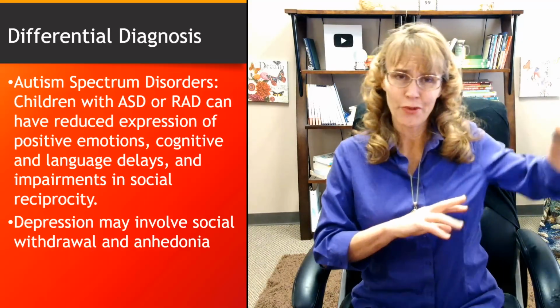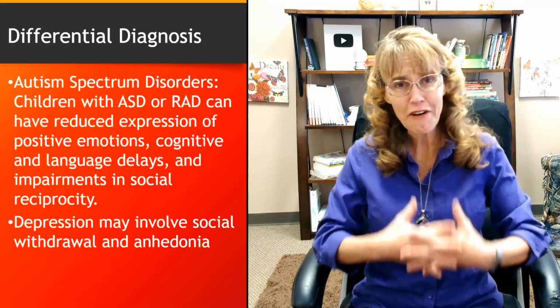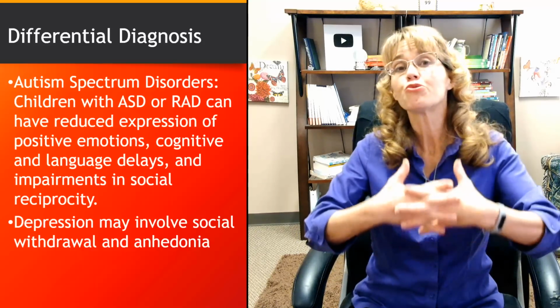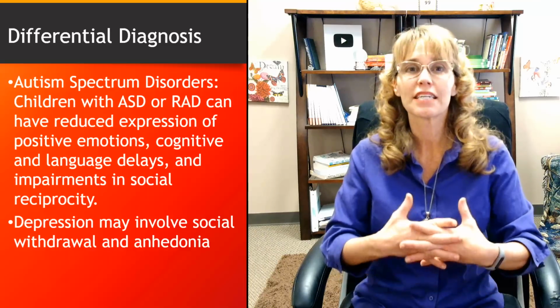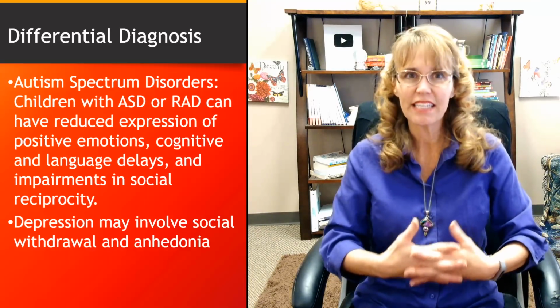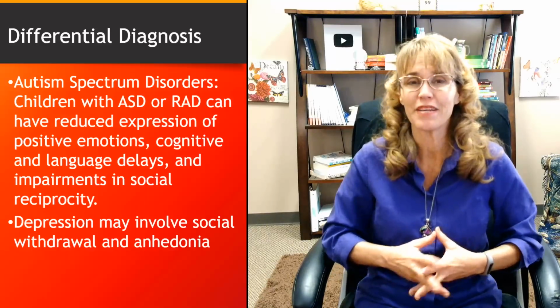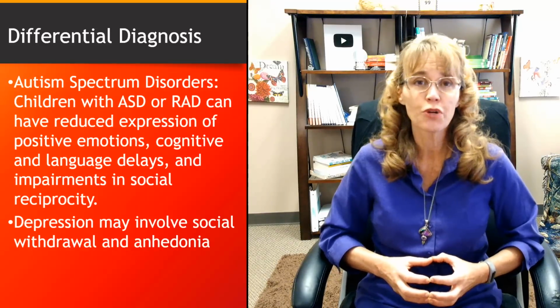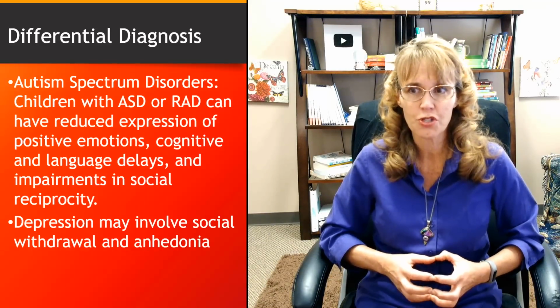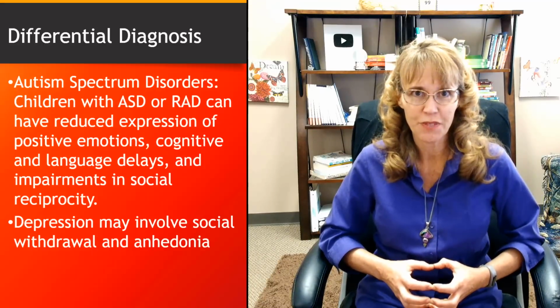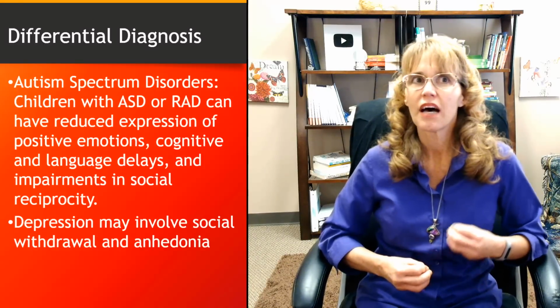So remember back when we were talking about that, I said there's a lot of overlap in the symptoms. What you don't see is the neglect. What you don't see is the inhospitable environments in children with autism spectrum disorders without reactive attachment disorder. So you need to rule out ASD.